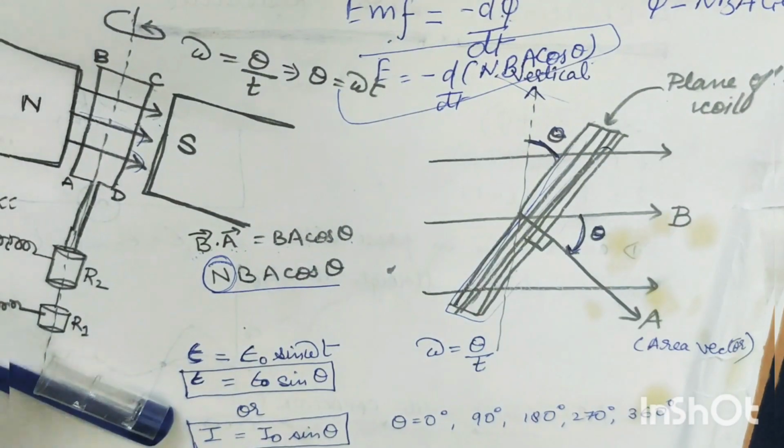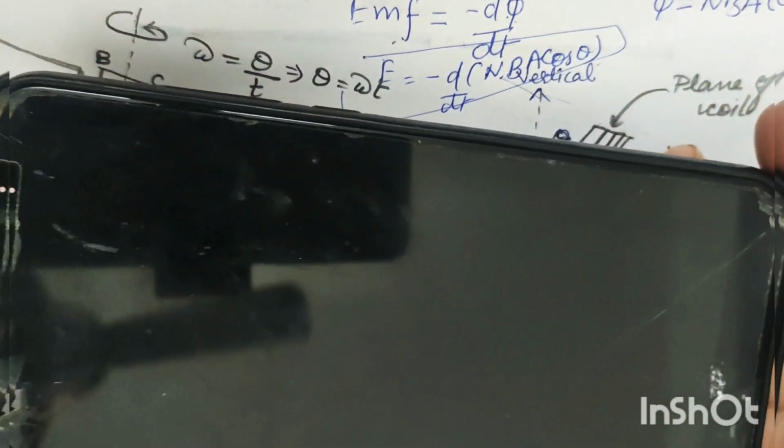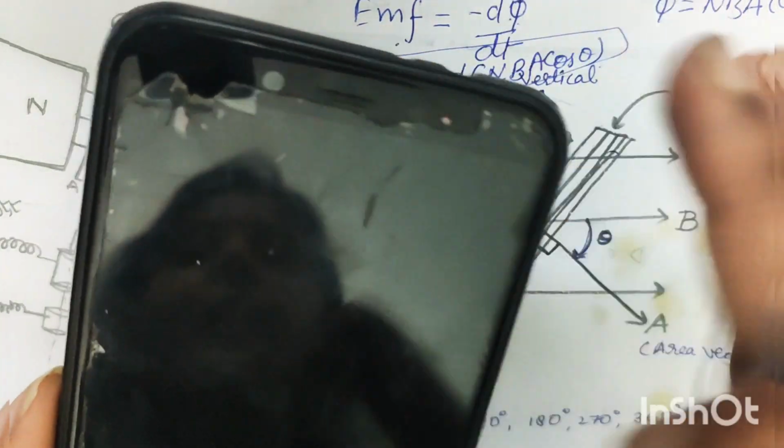Just like this is a mobile. While explaining how the armature was rotating inside the two powerful magnets, you have seen that there was a coil, there was an armature of rectangular shape, and there was a winding all around that armature.